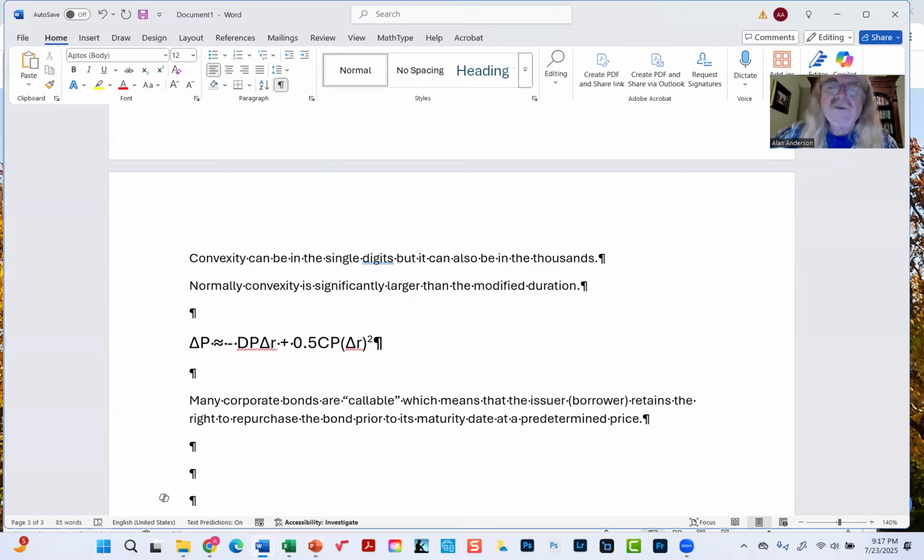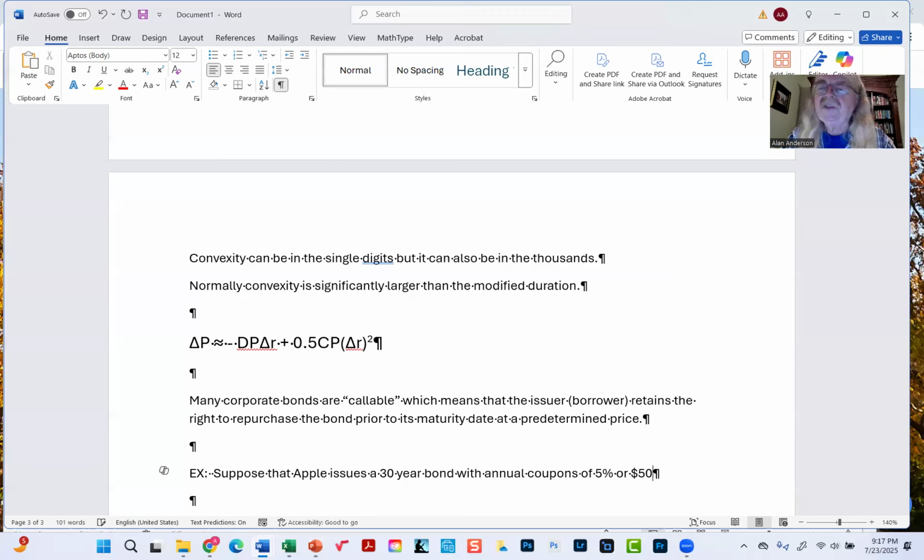And so, for example, suppose that Apple issues a 30-year bond with annual coupons of 5% or $50, based on the assumption that the face value is $1,000.